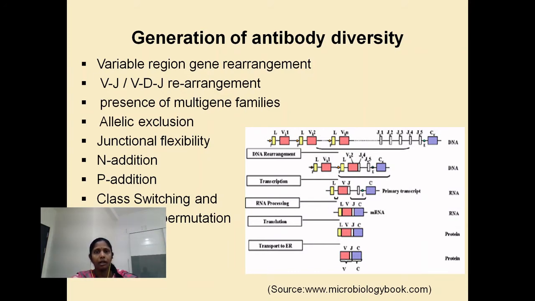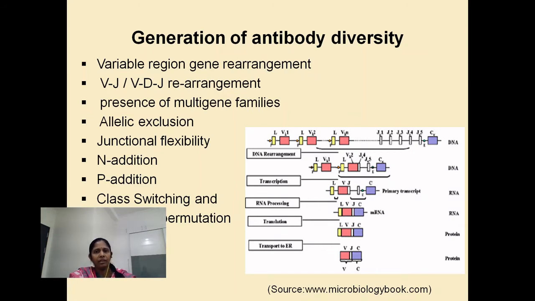And this diversity is further multiplied by subsequent processes like N addition, P addition, class switching, and somatic hypermutation. A B cell which has completed this process of rearrangement is considered as a mature B cell. Such a B cell becomes capable of producing a functional antibody molecule.